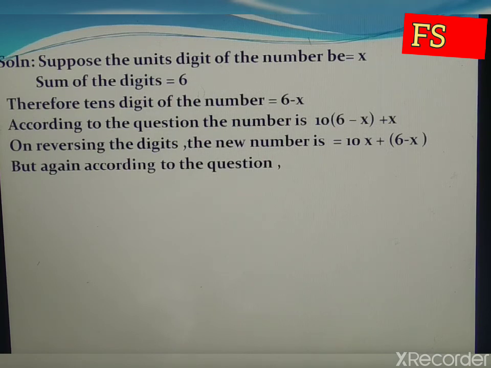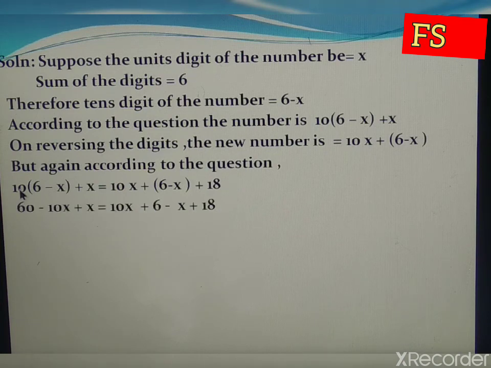According to the given question, 10 into 6 minus x plus x is equal to 10x plus 6 minus x plus 18. In the question it has been given that 18 added to the new number will be equal to the old number. That's why we have added 18 over here.